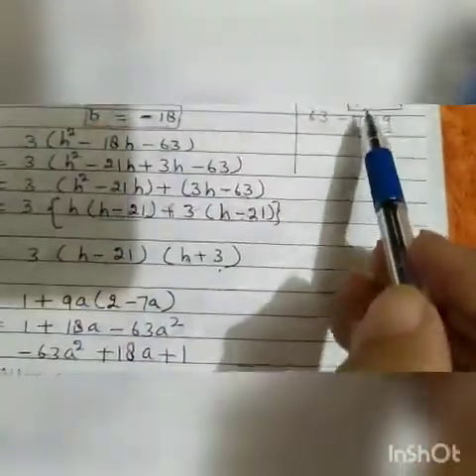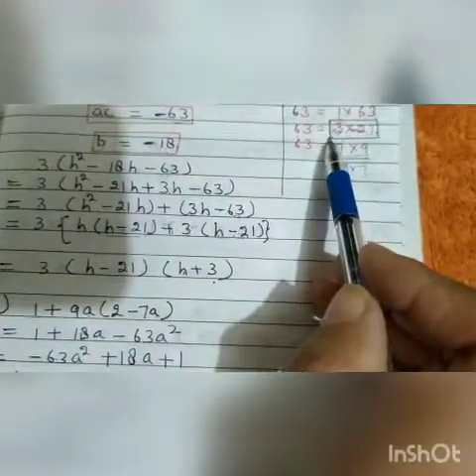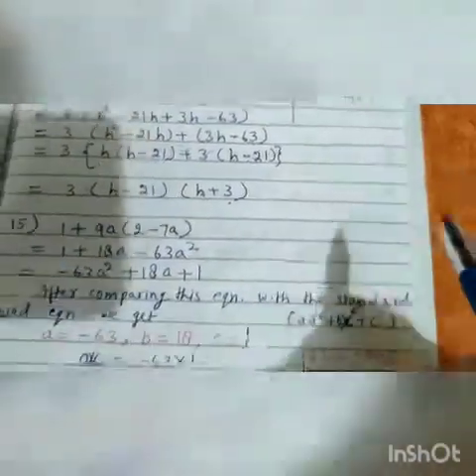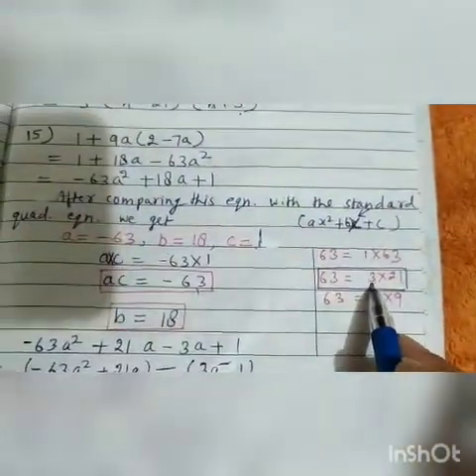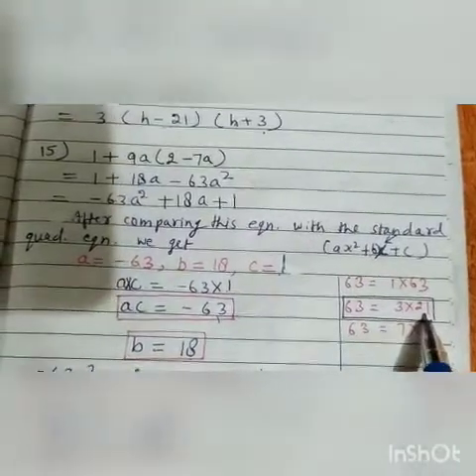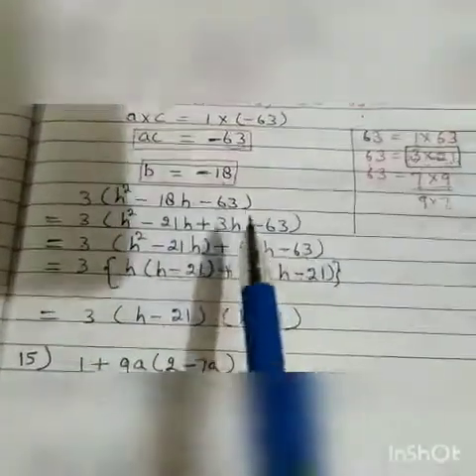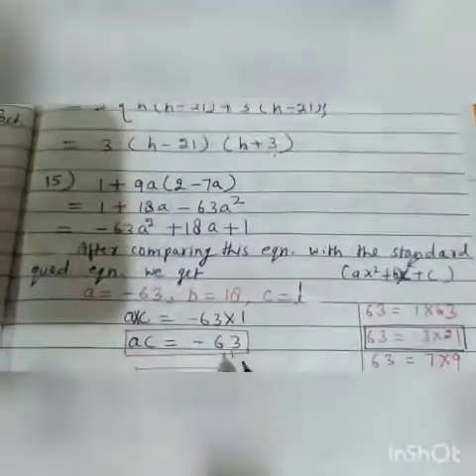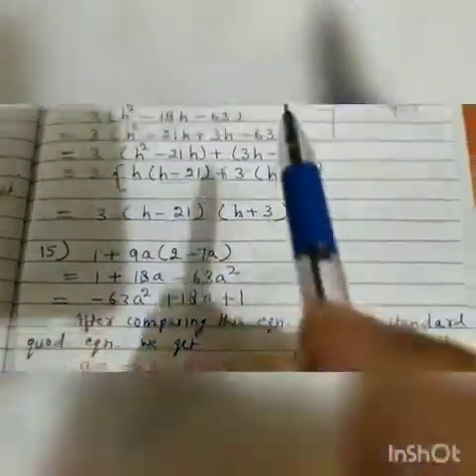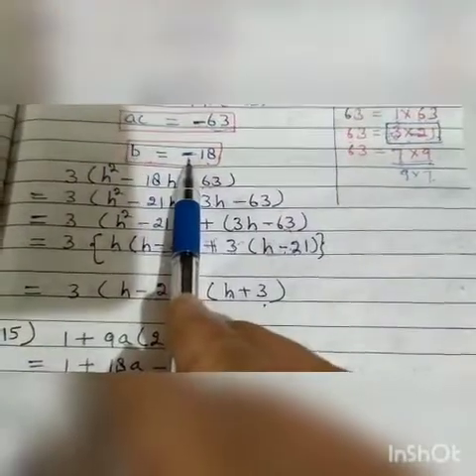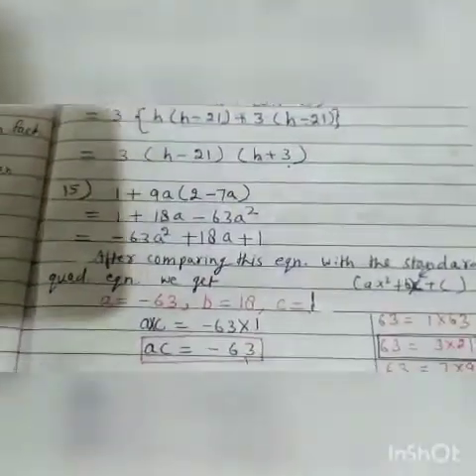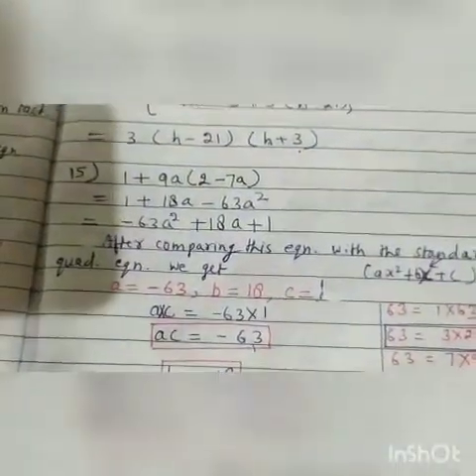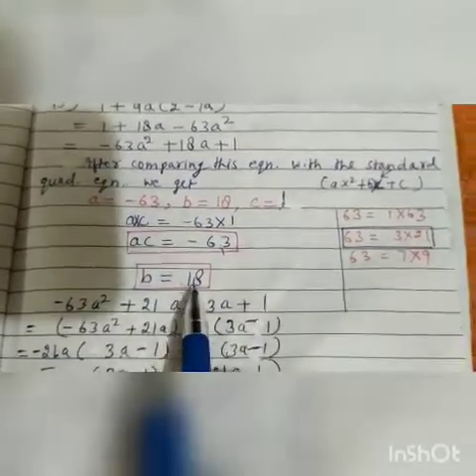Here also we get the middle term with the factors 3 and 21. Here also we will get the middle term with 3 and 21. But what is the difference? See, here the value of AC is equal to minus 63. Here also minus 63. But the value of B is here negative, and here the value of B is positive. So how will we get this 18 now?